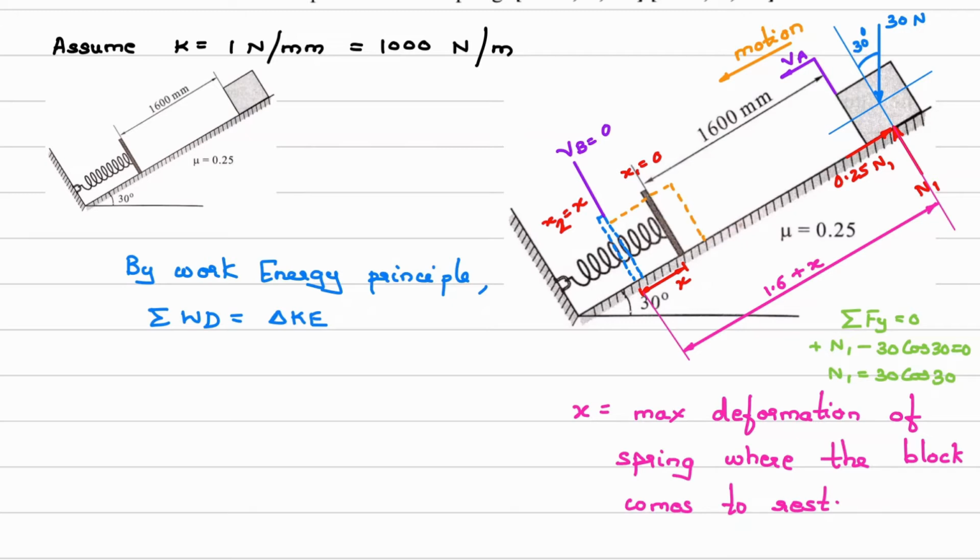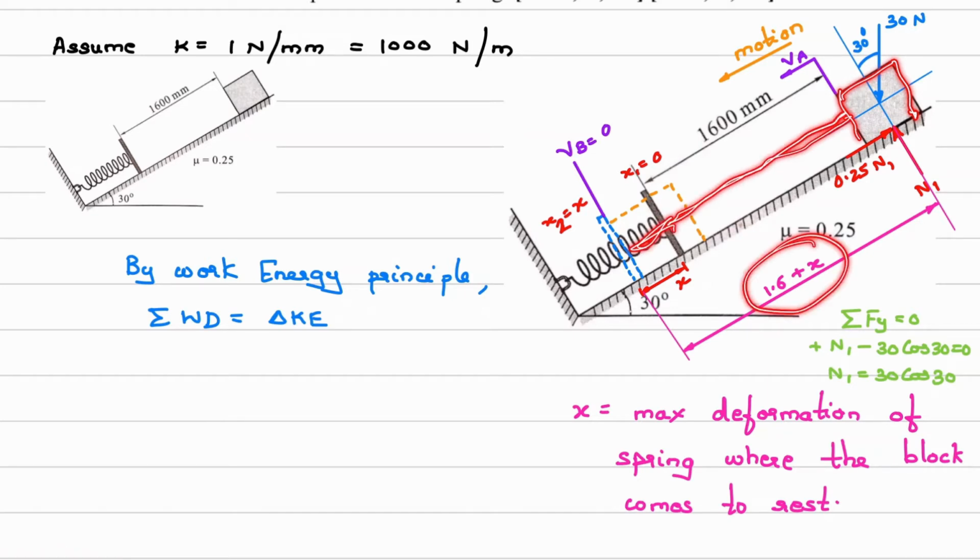On the left hand side, the work done. First we will consider the friction force. Friction force is opposite to the direction of displacement. The block is at this location, and the total displacement is 1.6 meter plus x.